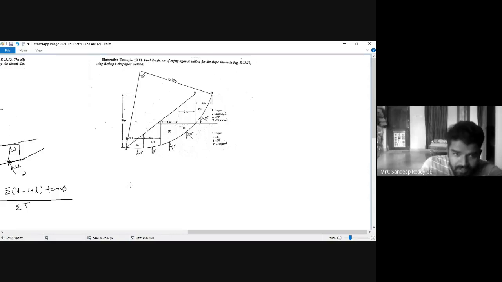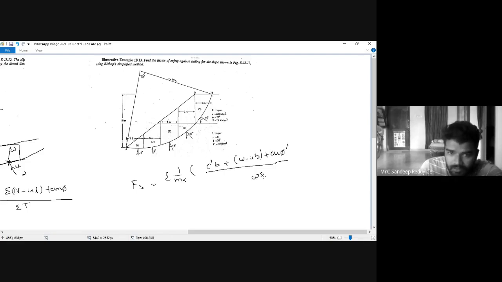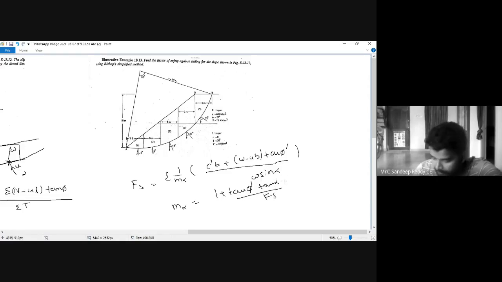Fs is equal to 1 by summation of W sine alpha, into summation of 1 by m alpha into the ratio of C dash B plus W minus U B into tan phi dash. Then m alpha is equal to 1 plus tan phi dash into tan alpha by Fs, whole into cos alpha.